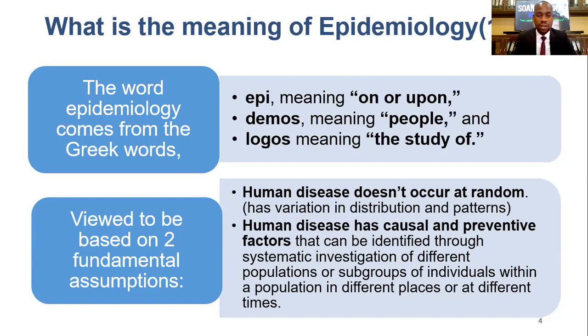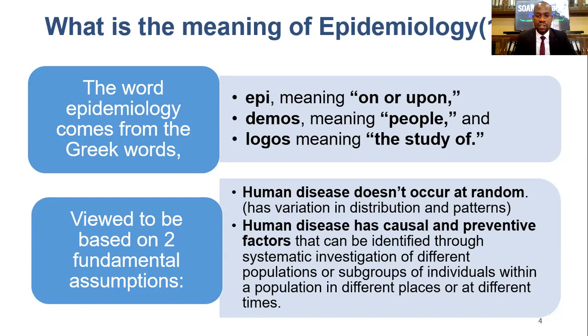And in epidemiology, we view things in two fundamental directions or assumptions when we are dealing with disease and health conditions. It is that human disease does not occur at random, but there is a form of variation in distribution of disease and disease conditions and patterns in which it's distributed in a population with regard to the personal characteristics, time, which can be in line with duration or seasonality, and then according to place where people stay, what they're exposed to.